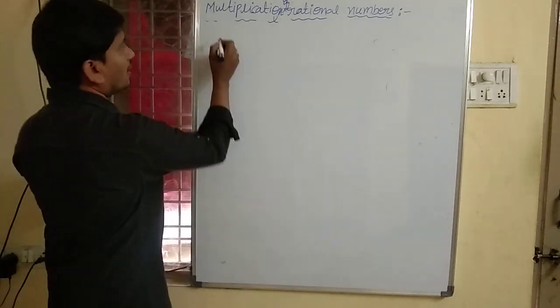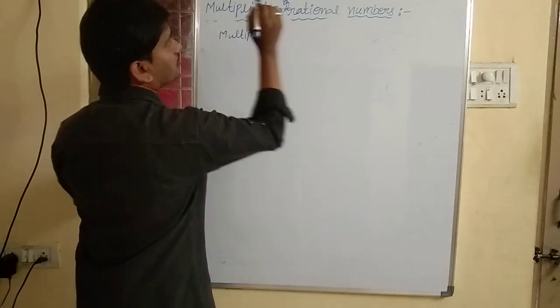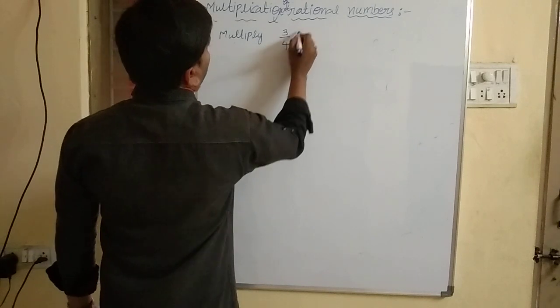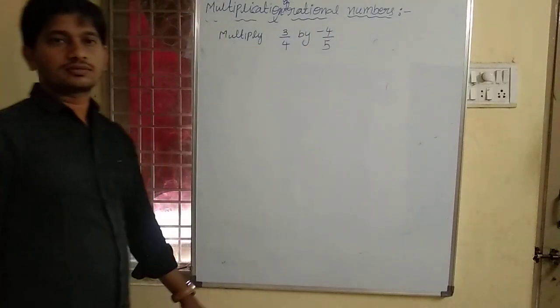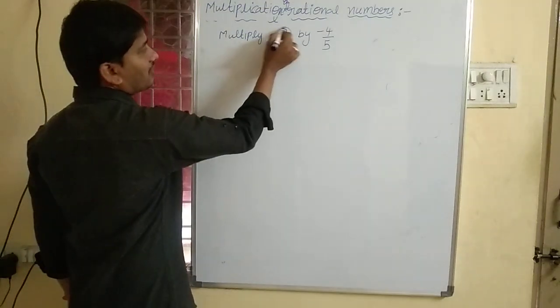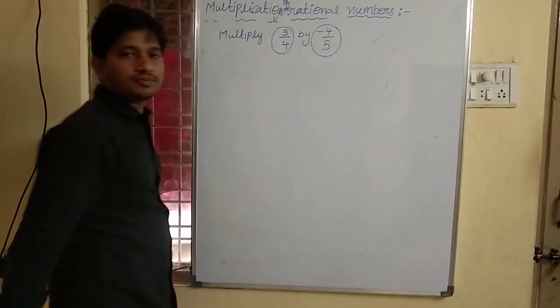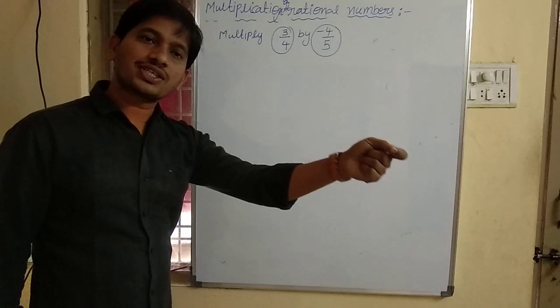For example, let me multiply 3 by 4 by minus 4 by 5. So 3 by 4 is a positive rational number, minus 4 by 5 is a negative rational number. These two are rational numbers. How to multiply? As with fractions.